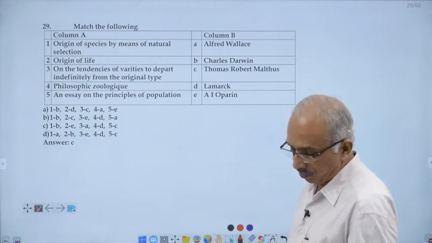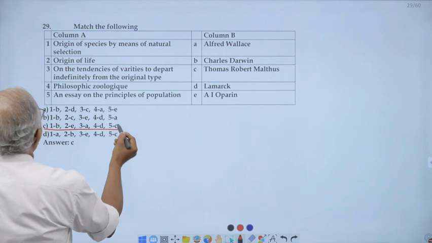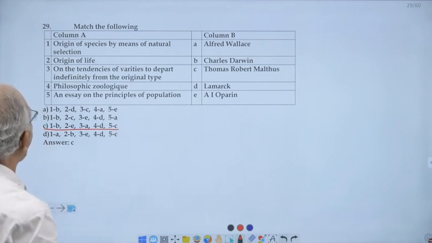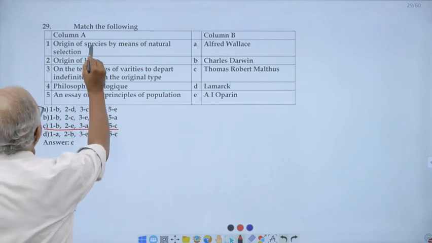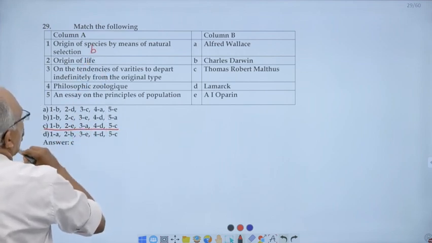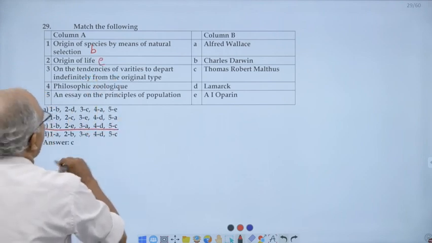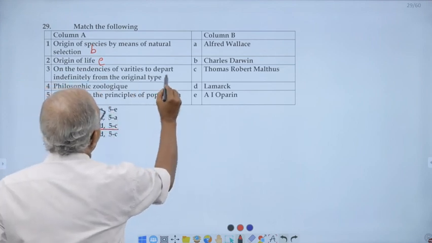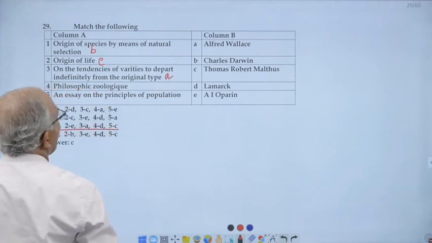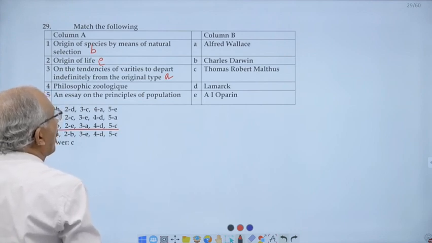29. The answer is C. Origin of species by means of natural selection is by Charles Darwin. Origin of life is by A.I. Oparin. And this is the name of an essay written by Alfred Wallace, who sent it to Darwin for an opinion.